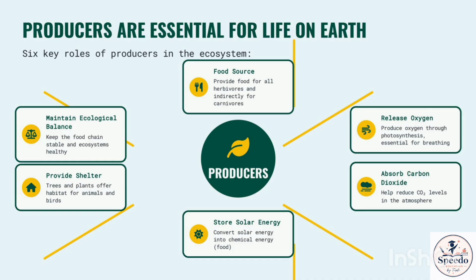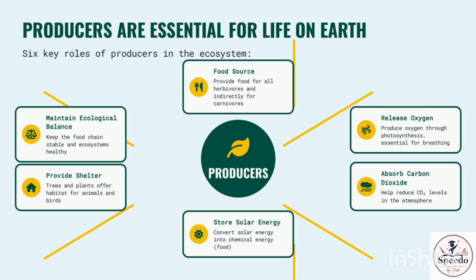Herbivores eat plants directly, carnivores eat herbivores. Omnivores eat both plants and animals. Even if an animal never eats plants directly, it still depends on producers because its food ultimately comes from plants. For example, a lion eats a deer, but the deer survives by eating grass. This means the lion also depends indirectly on producers.